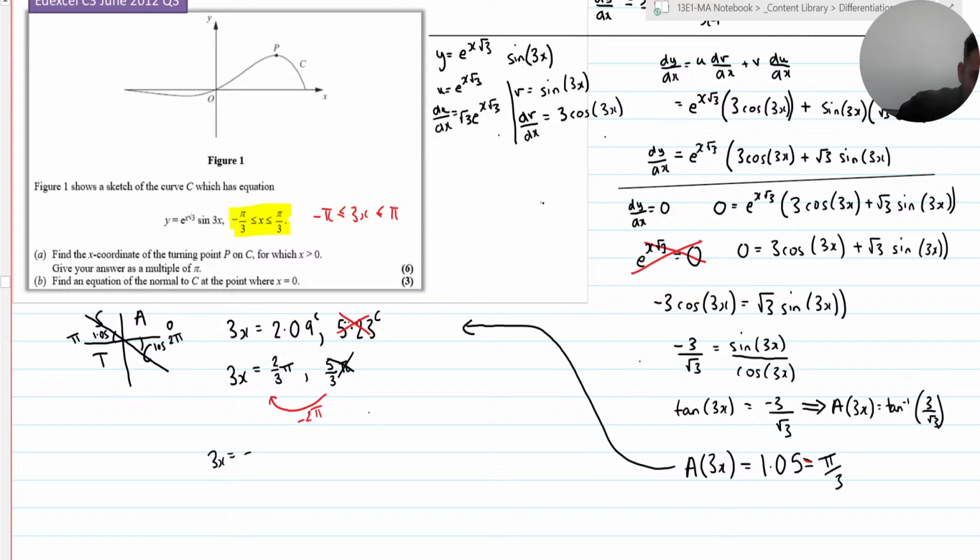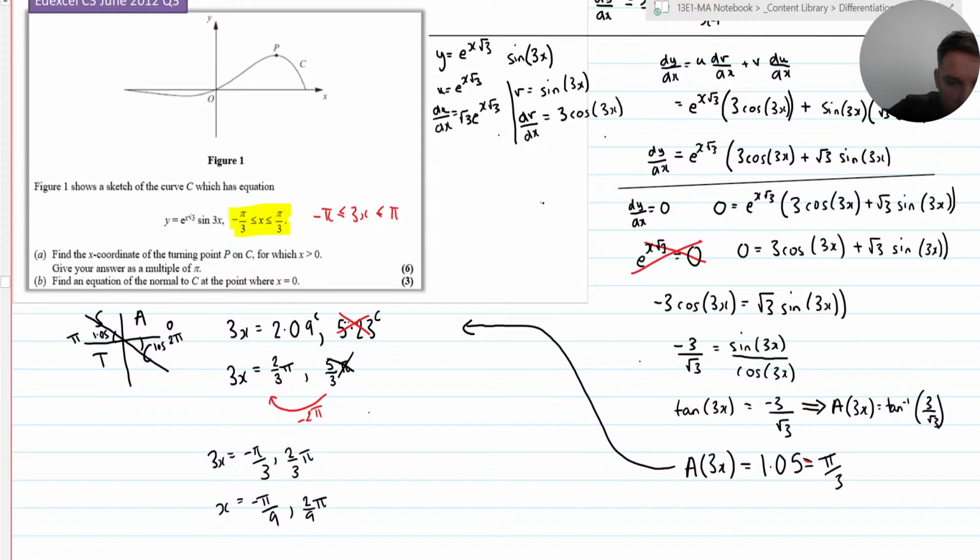So yes, we end up with 3x is equal to minus pi over 3 and 2 over 3 pi. Both of those are in our limit. So now we need to divide both sides by 3. So x is equal to minus pi over 9, and this one here, which is going to be 2 over 9 pi, like so.